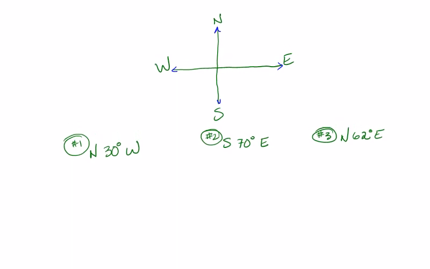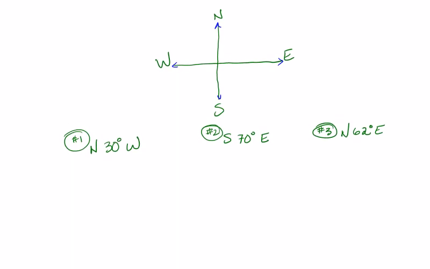So in these word problems that you're going to see today, you're going to see things like north 30 degrees west, or south 70 degrees east, or north 62 degrees east. How would you draw that? What I always tell everybody is draw your north, south, east, and west first, to help yourself out.